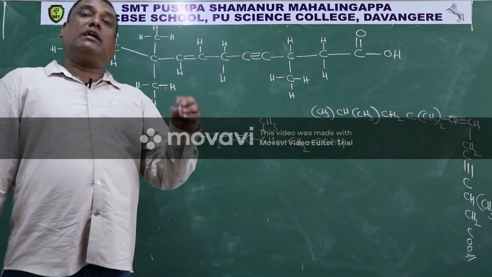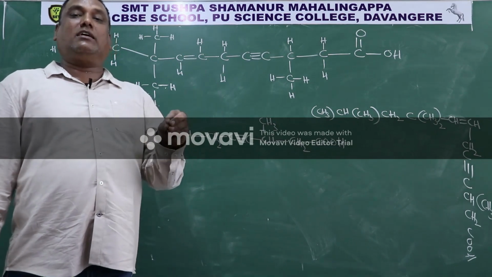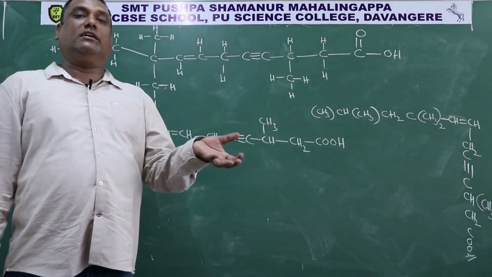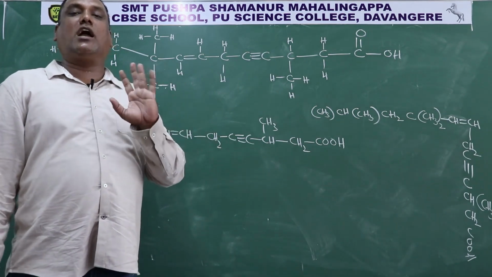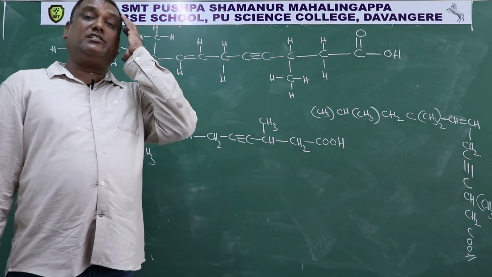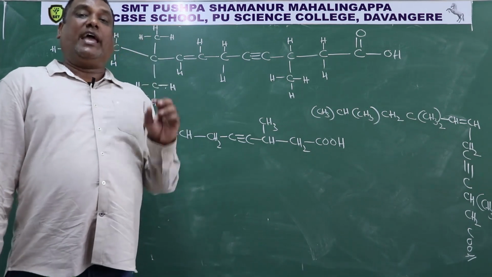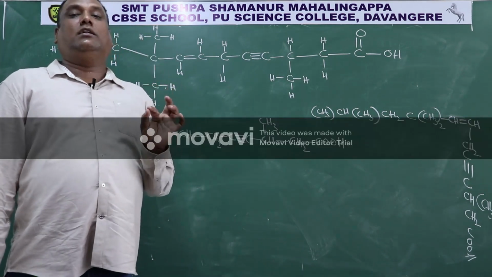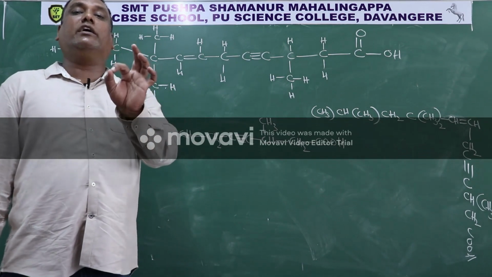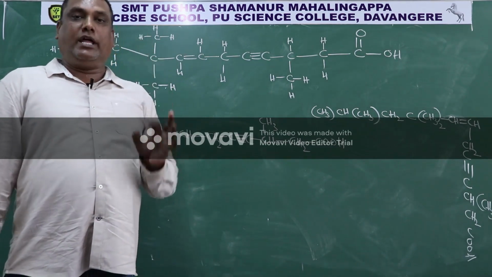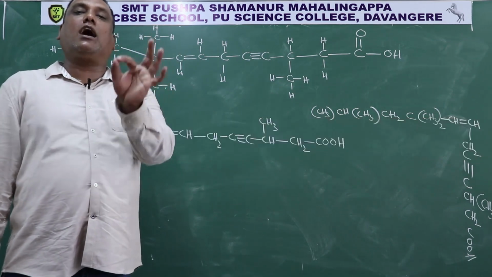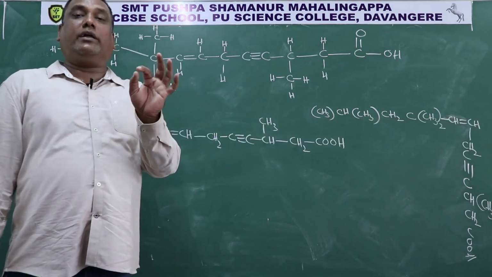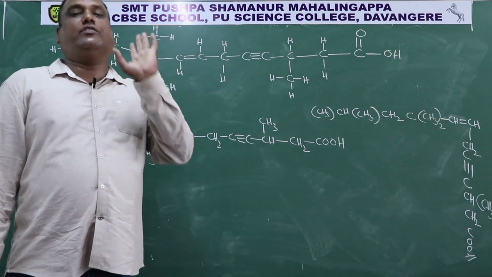Other than carbon and hydrogen, if any oxygen is there or sulfur is there, nitrogen is there, that atoms we show. But carbons and hydrogens are not shown. They are only imagined. How? Every corner is believed to be having a carbon atom surrounded by required number of hydrogens.